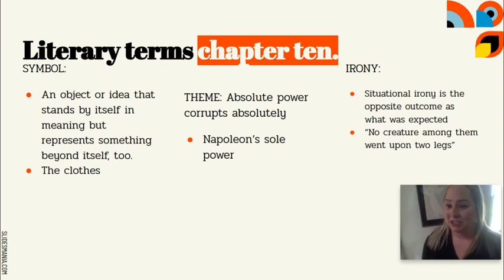In this chapter, we still have the symbol of clothing, and earlier in the book, the clothing symbolized tools of oppression. And now the clothing symbolizes privilege, and the pigs are privileged. They're privileged to wear this clothing, and it also elevates their status among the other animals.